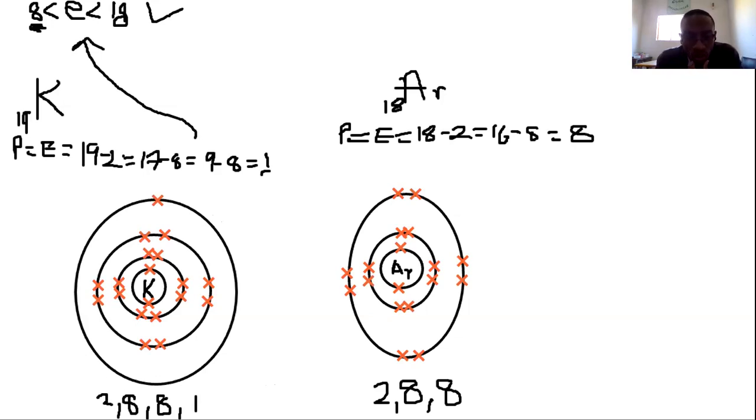So once you know how to arrange, then you will be following the same format, and then you just draw the structures. So for calcium, we have 2, 8, 8, 2, meaning in the first shell you have 2, in the second shell you have 8, in the third shell you have 8, in the fourth shell you have 2.